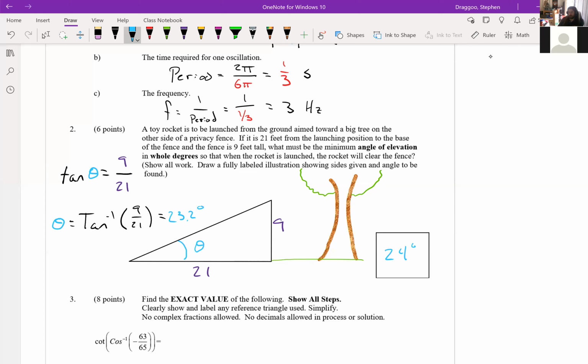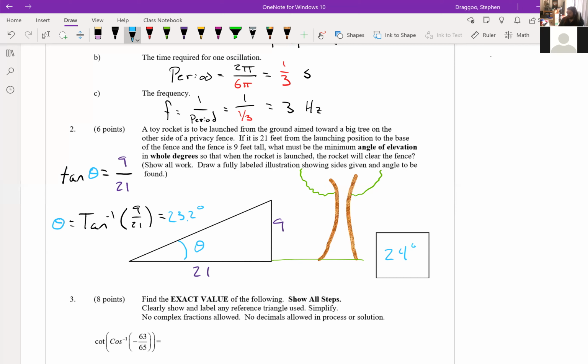So this question has a bit of a tricky wording to it. Normally 23.2 degrees, if I rounded to the nearest whole angle, should round to 23. However, it asked for the minimum angle in whole degrees that gets over the fence. So even though if we rounded 23.2, we would round down to 23 degrees, 23 degrees is just too small to get over the fence.